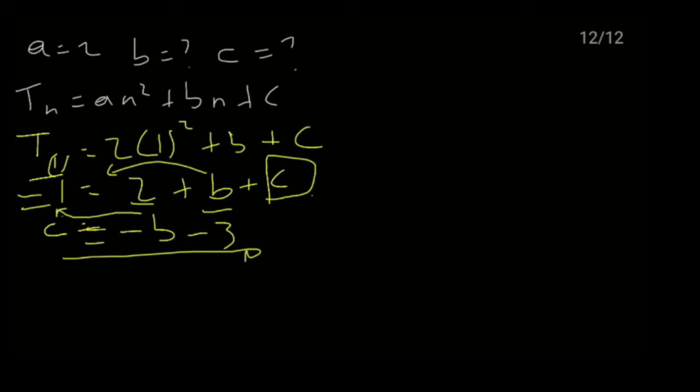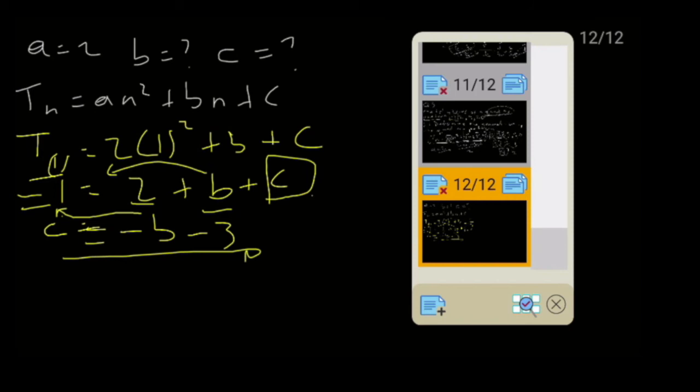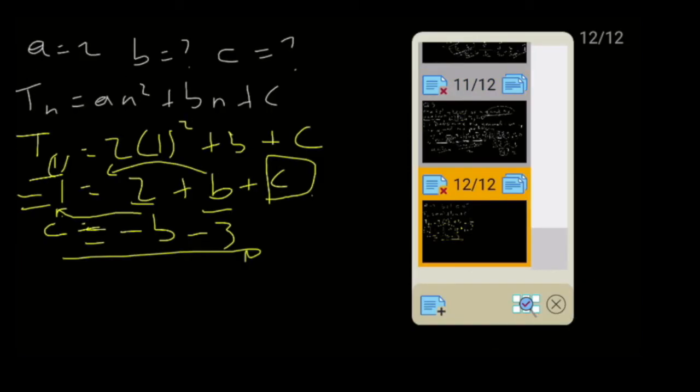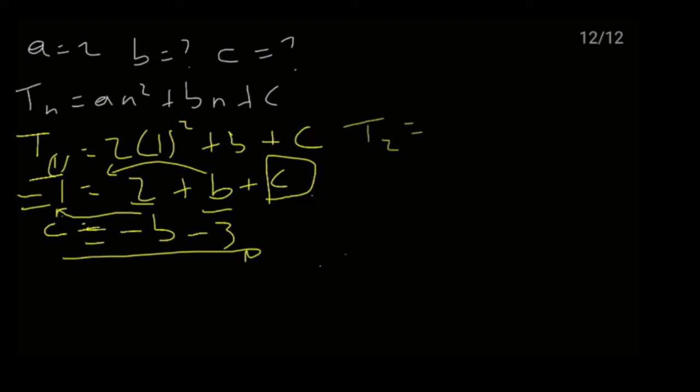So let's go ahead and choose another term. I'll simply go with the second term, which has a value of 2. So let's determine our T2, which is 2 into 2 squared plus 2B plus C, because term 2 is 2, right?